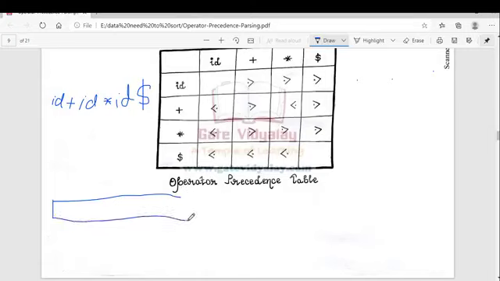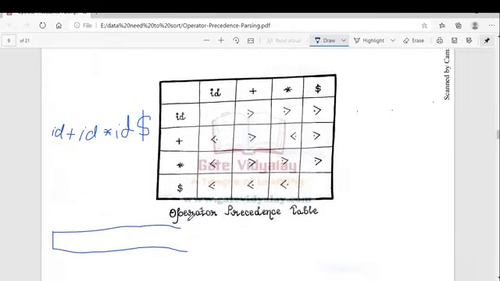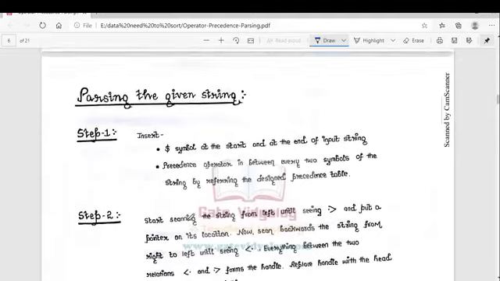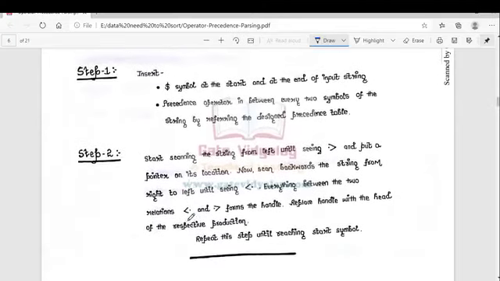Now we have some rules, like some insertion rules. Put a dollar sign symbol at the start and at the end of the input string. Insert the precedence operator in between every two symbols of the string by referring to the precedence table.